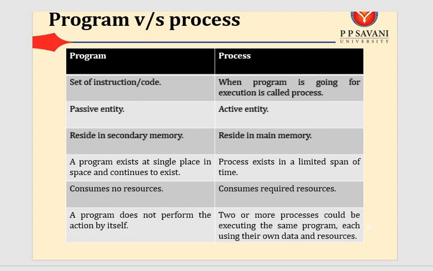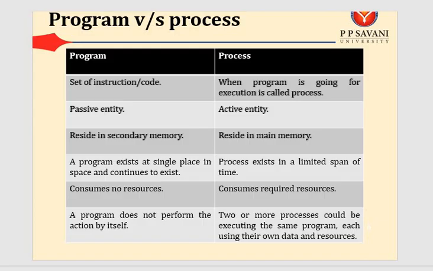That's why a process is an active entity. Third, we know that a program is a passive entity. That means it resides in secondary memory devices, whereas a process only resides in our main memory, because a process is a live execution of our program.